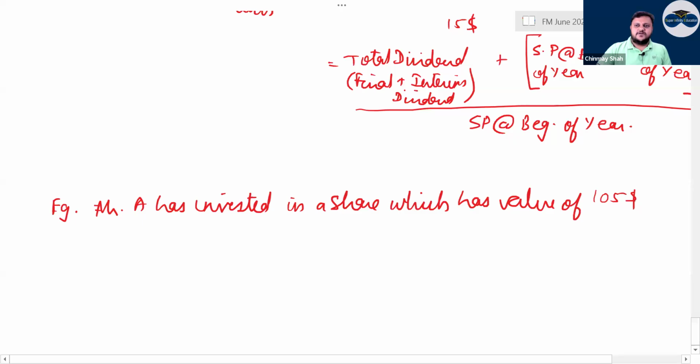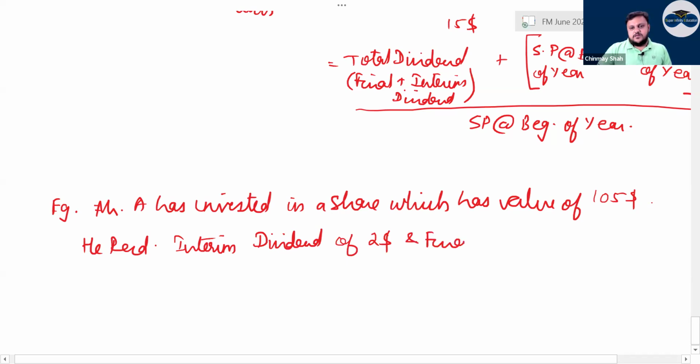Full stop. He received interim dividend of $2 and final dividend of $1.